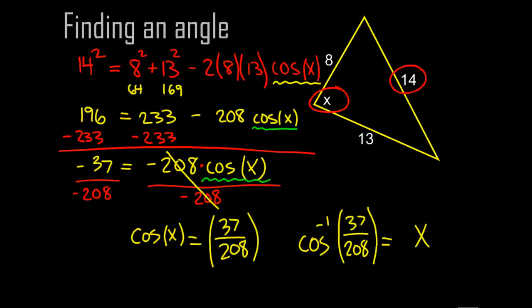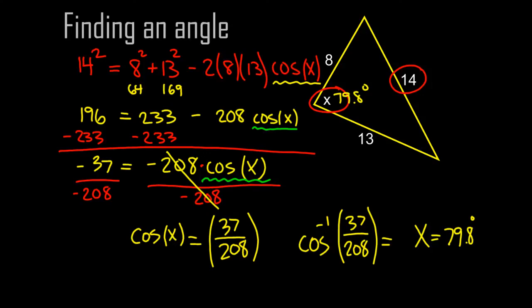So does that make sense? Is this a realistic value? 79.7 or 79.8, I guess I can't remember. 79.8 degrees. Does that make sense for this angle? Okay, and it looks about right.